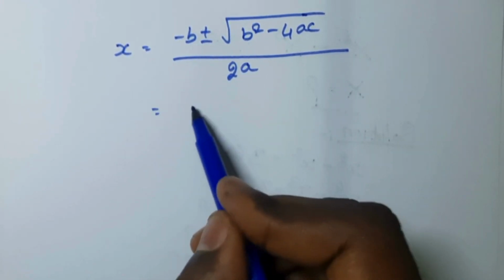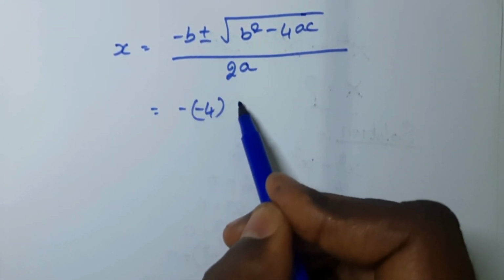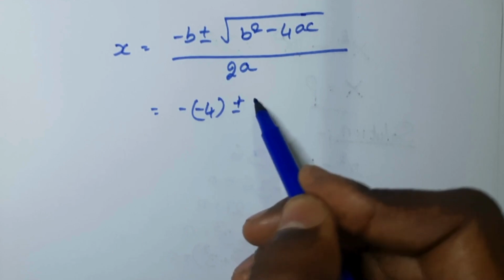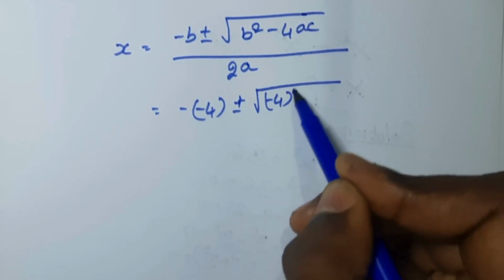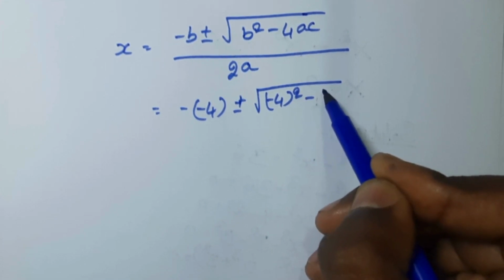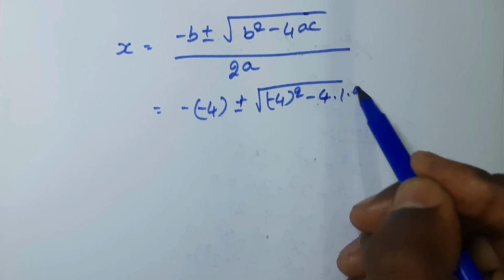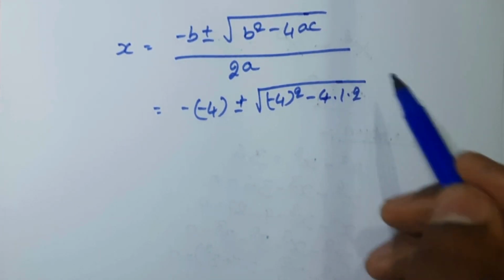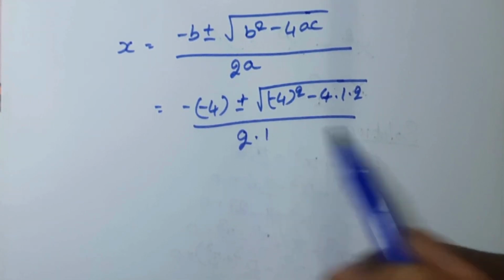Now applying this value, minus b value plus or minus 4 square, 4 into 1 into 2, 2 into 1.